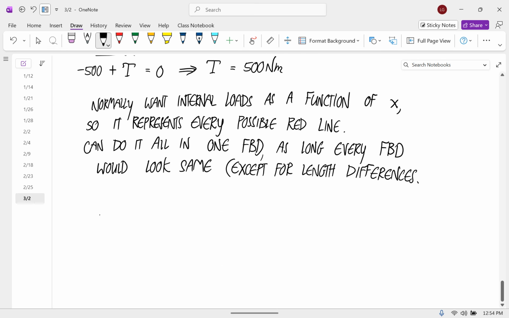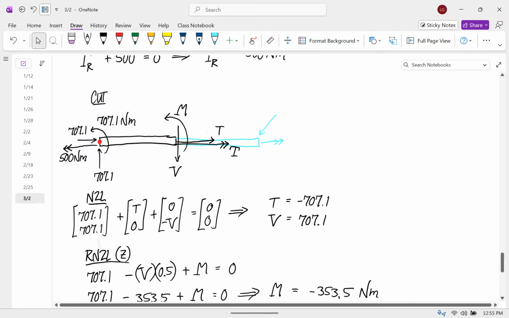The first one would be, let's imagine that we're just considering a tiny little part of this beam. So we're not considering this force, we're not considering this torque, but the endpoint on the left has all the other stuff.